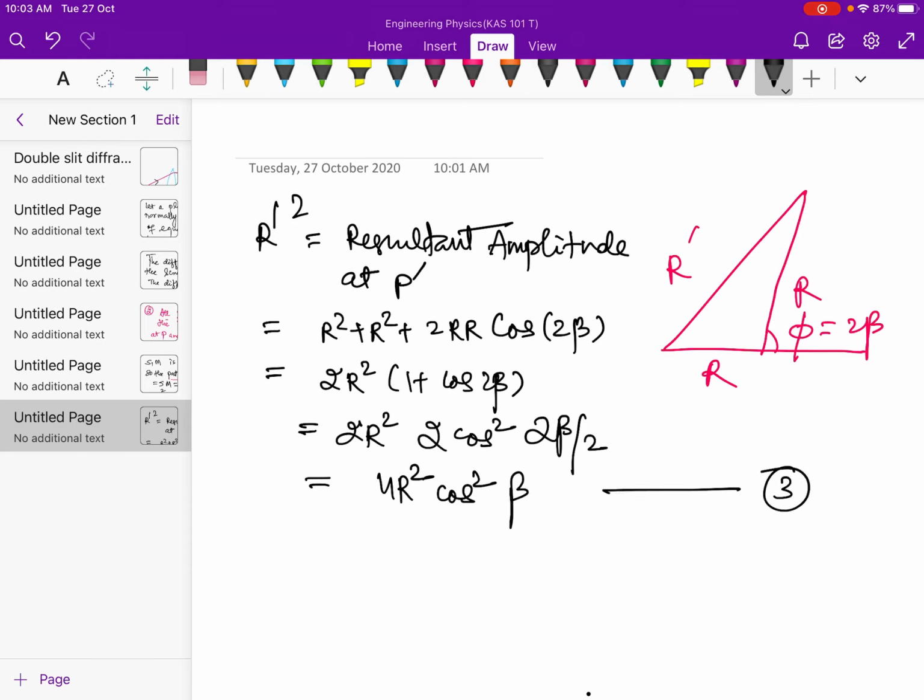Equation 3. So we got the resultant R dash square is equal to 4R square cos square beta.